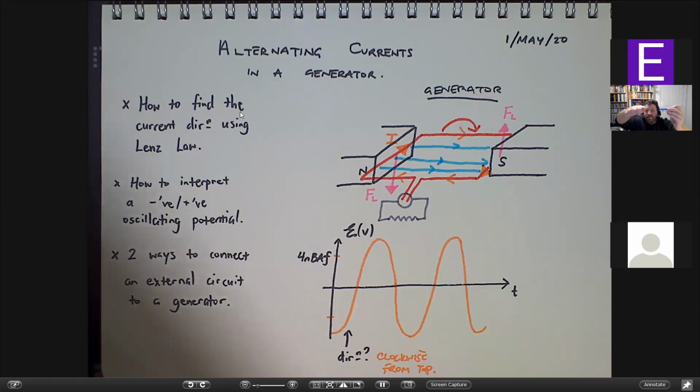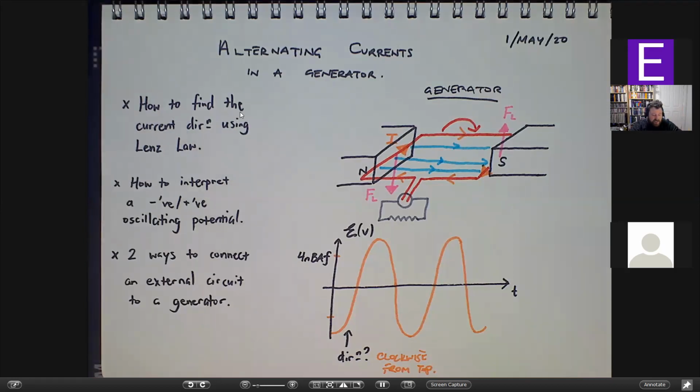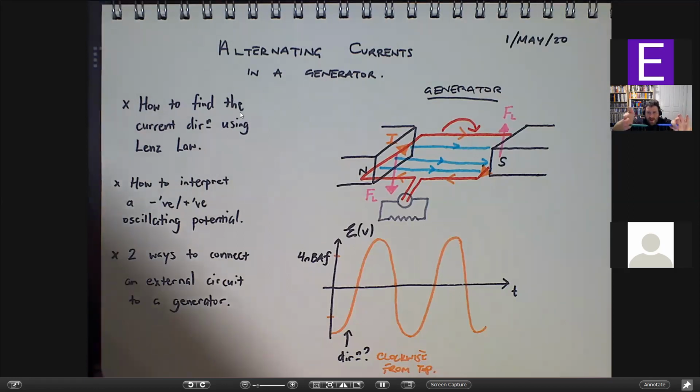If the flux is growing, then Lenz's law says we're going to want to produce an induced field which points back that way. So as we grow, we're going to want to produce an induced magnetic field to balance out the growth of more and more flux from this field.